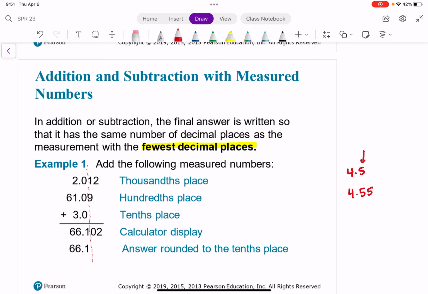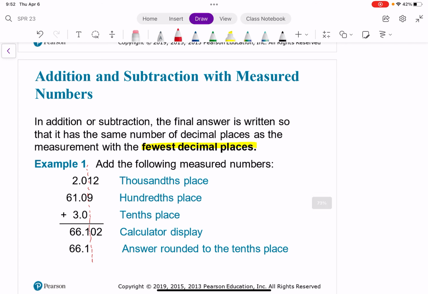The reason we got to this estimated number is because we had more tick marks for that ruler. So this number is more accurate than this one because it has more decimal places. I got further out. I know at least 4.5, and then another number is my estimate. Whereas here, I only know 4, and then I estimate that last one. So fewer decimal places means a less certain number.